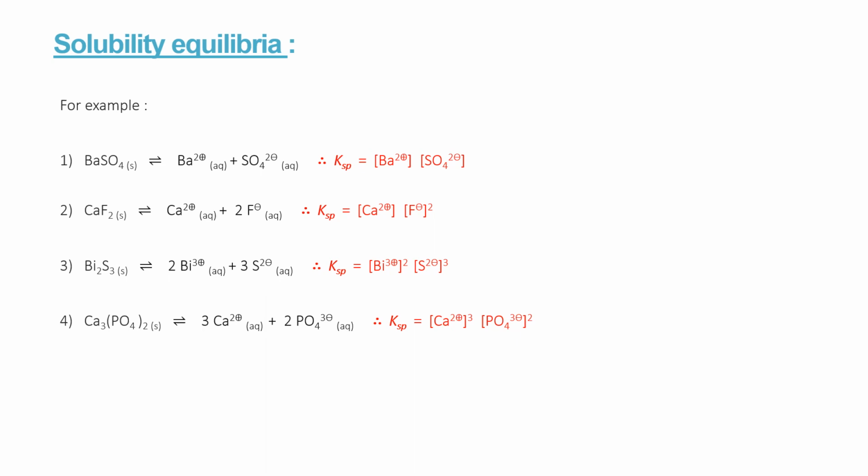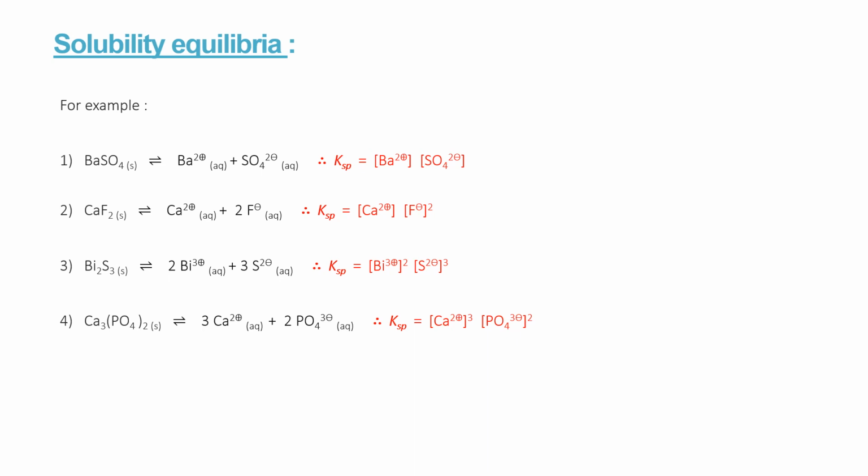The third example is bismuth sulfide, Bi2S3, which gives 2 Bi3+ plus 3 S2-. Its solubility product is [Bi3+] raised to 2 into [S2-] raised to 3.